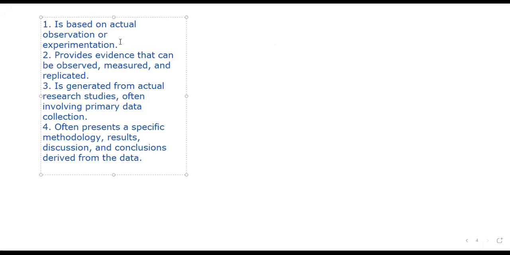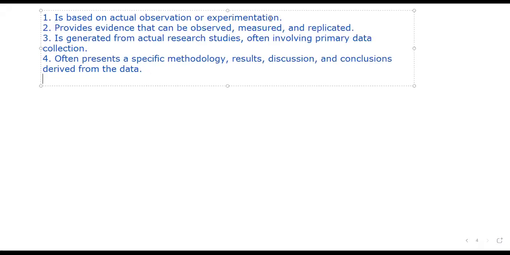So one, it's based on actual observation, experimentation. I talked about this, provides evidence that can be observed, measured, and replicated. Remember, this is more of a hands-on thing, like you need to have a sample, you need to have a sample size, you need to have the population sample, you need to have the methodologies employed. So empirical looks at actual research studies involving primary data collection.